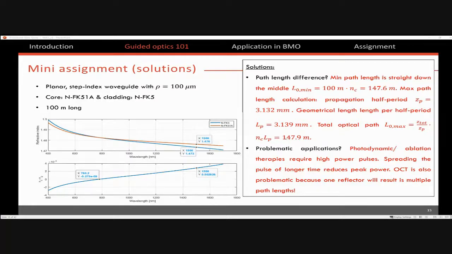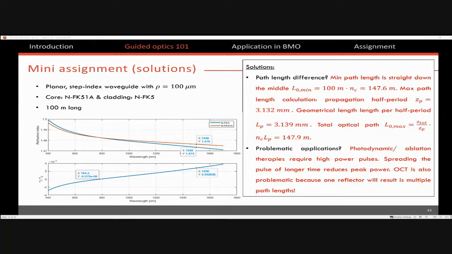Another thing that can happen is that this difference in path length can also affect the pulse shape. The energy of the pulse is going to be spread out over a longer period of time. Stop me if I'm wrong, but in your classes you saw a little bit about photodynamic therapy and photoablation and the different regimes.